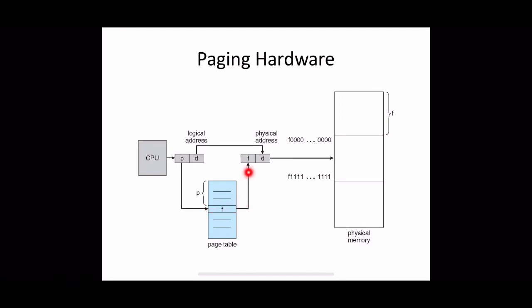That frame number, when combined with the offset from the logical address, gives the actual physical address. Okay, so F is the frame number to which page P is actually mapped, and when combined with D we get the exact location. So this is the frame we are actually referring to, and this is the location we are referring to. This is how the paging hardware supports address translation.